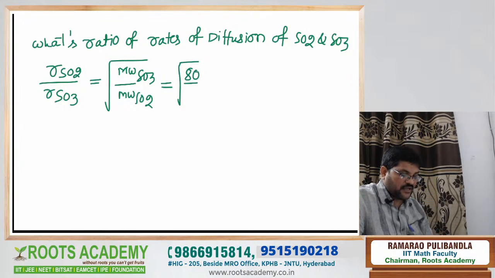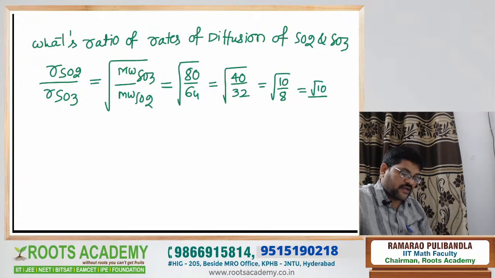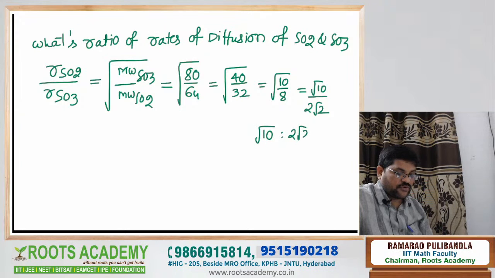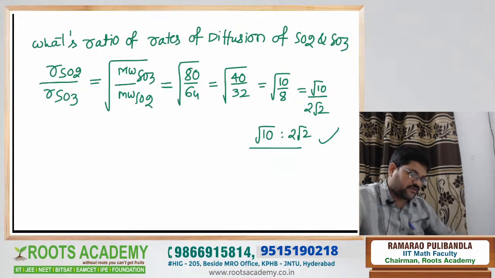This is 80 and this is 64, so we keep 40 and 32. This is 10 times, so root 10, and this is 8, so root 10 by 2 root 2. Root 10 is 2, so you get 2 root 2. Because for IPE not so much difficult questions are given. Is it clear? Yes, very good.